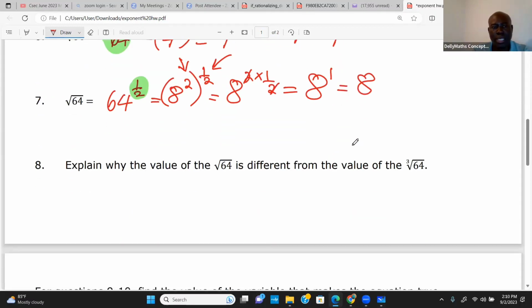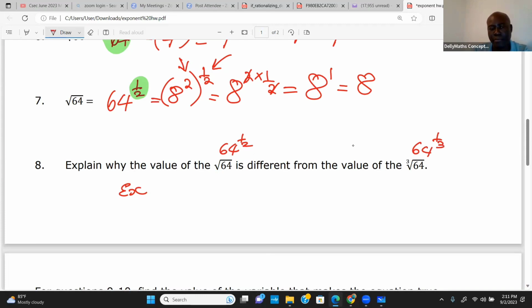Now, let's look at this question 8. Explain why the value of the square root of 64 is different from the value of the cubic root of 64. Well, we could simply say that we see different index, because this one is 64 to the half, and this is 64 to the third.